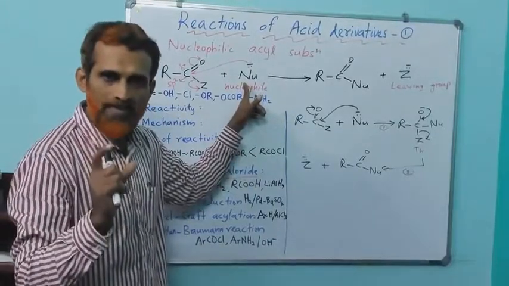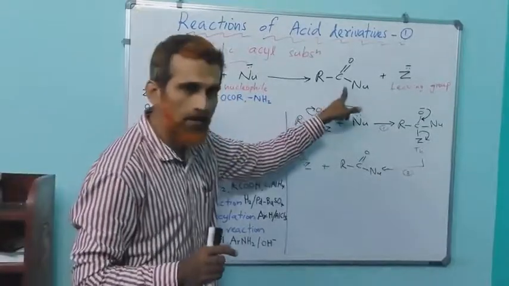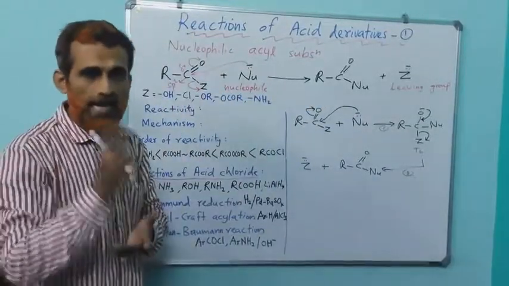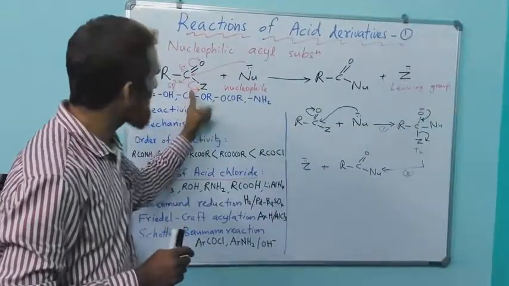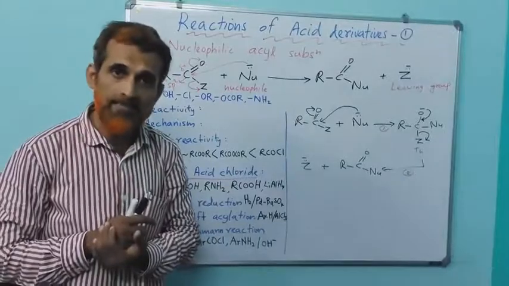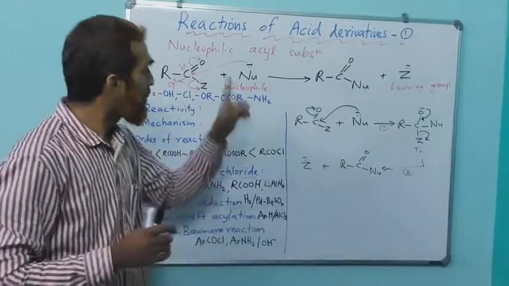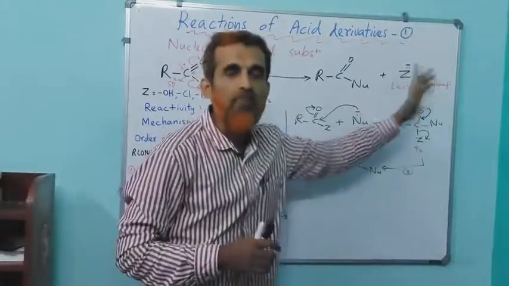It's a strong base because it has a lone pair, donating the lone pair to form the bond. So it is a base. Actually, it is a strong base displacing a weak base. So the leaving group is a weak base. Make this point clear: the nucleophile is a strong base and the leaving group is a weak base.